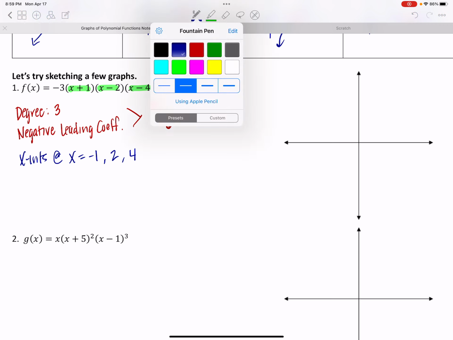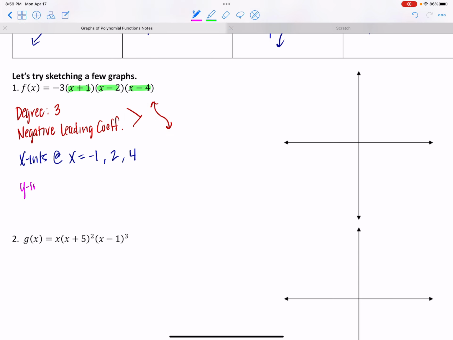And if I wanted to find a y-intercept, it's not so bad. A y-intercept we know is where x is equal to 0. So if I input a 0 for all of those x's, if I find f of 0, then -3 times 0 plus 1 times 0 minus 2 times 0 minus 4 means I'm just looking at -3 times 1 times -2 times -4.